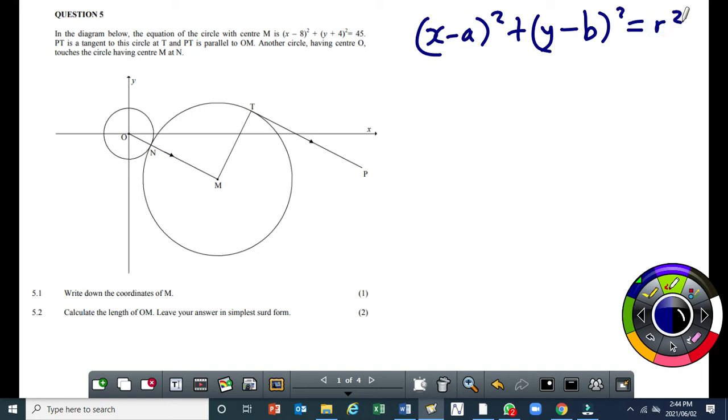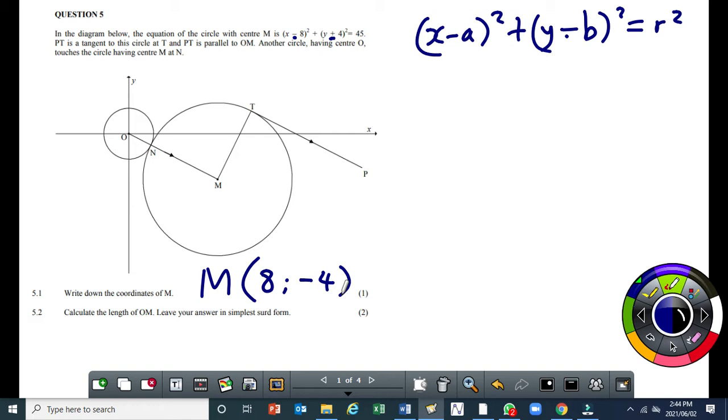So here, your coordinates of M, you look at the given equation: there is a minus here and a minus there, which means the x value at the center is going to be positive 8. There is a plus here and a minus there, which means the y value is going to be negative 4.